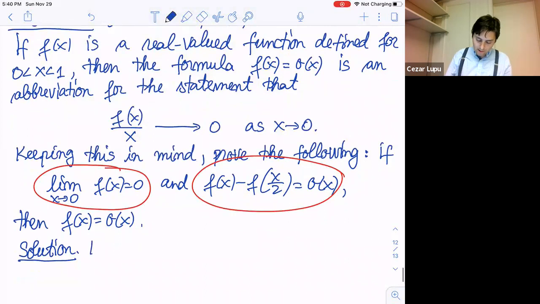So now let me take an epsilon positive, be given.